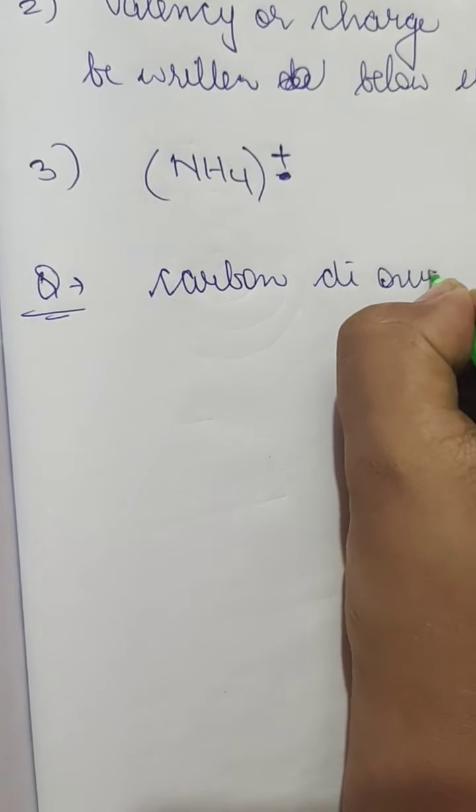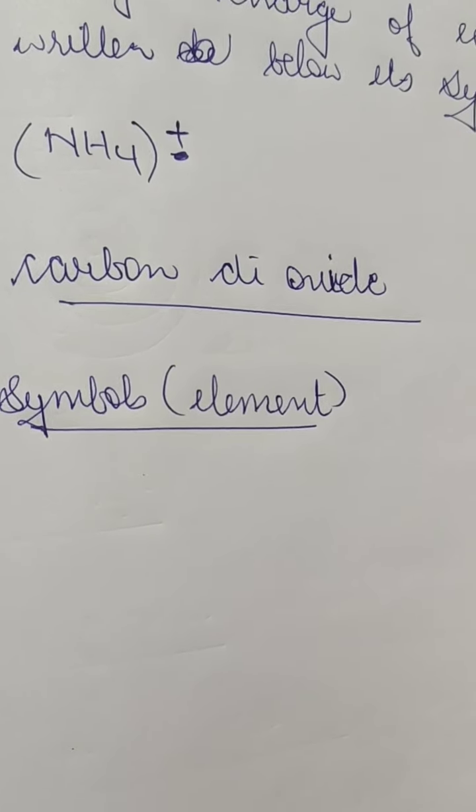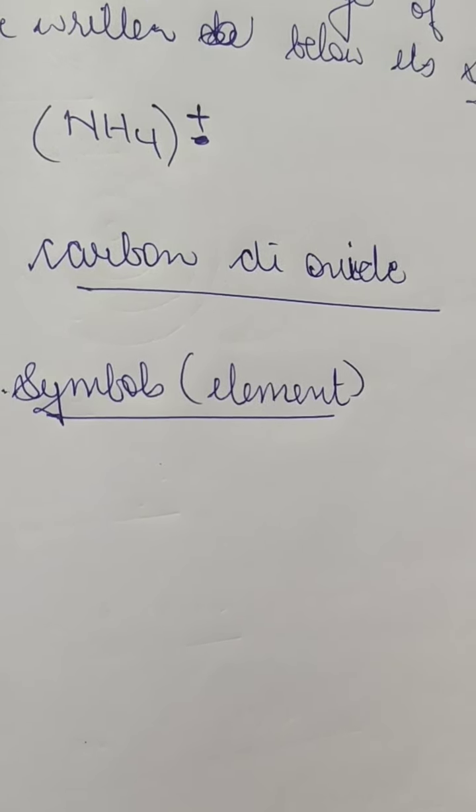Now since here both of them are non-metals, it's very hard for you to recognize. What happens is that CO2 is not ionic bonding, it's just covalent bonding. So in this case there will be simply carbon and oxygen.